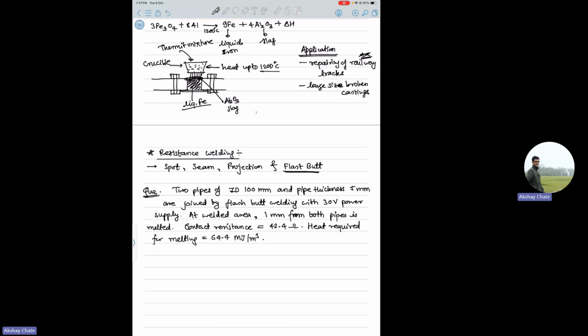Calculate the time required for welding. So this is the question.